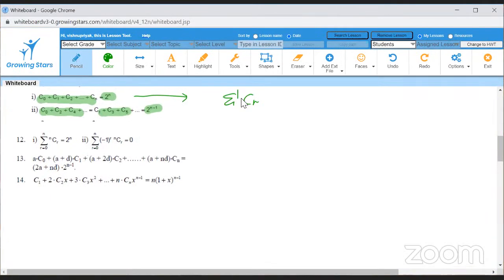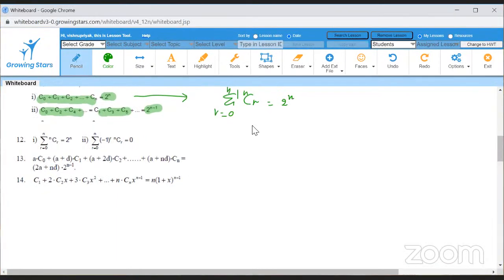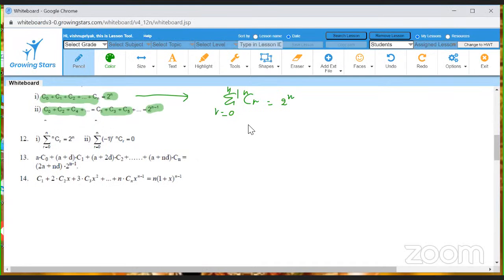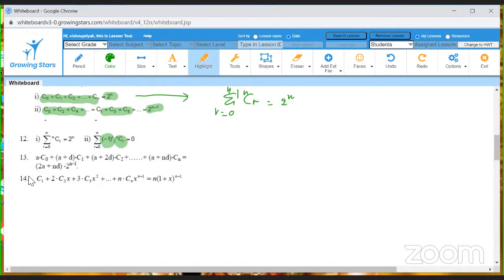Sigma r is from 0 to n. nCr, nice looking formula. This is 2 to the power n. Same nCr with (-1) to the power r, sometimes positive, sometimes negative, that will be zero.